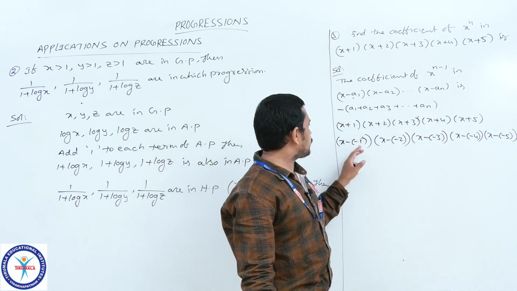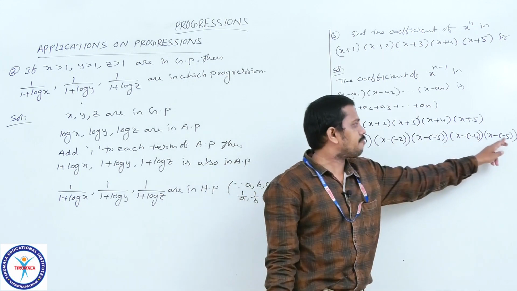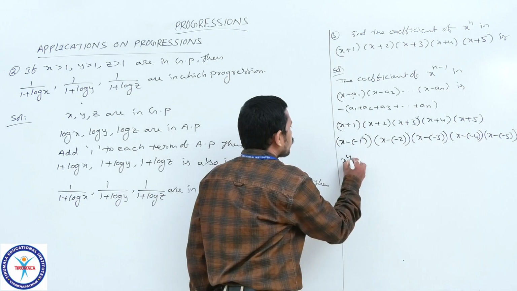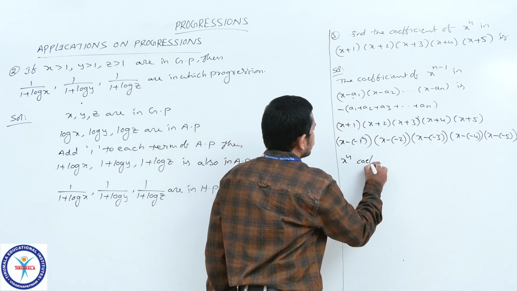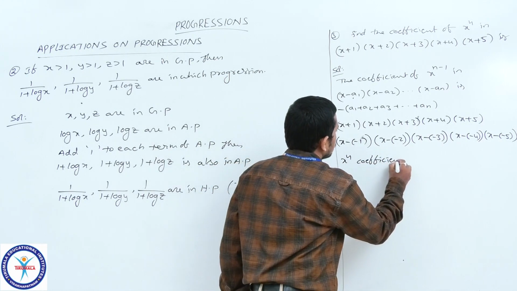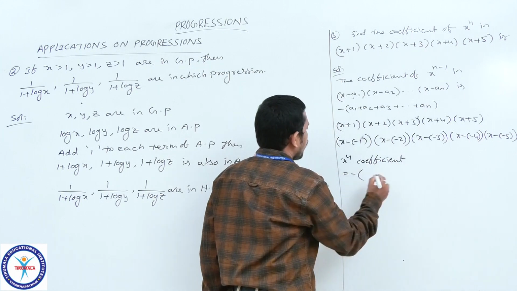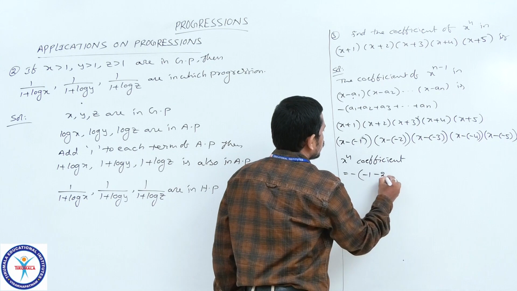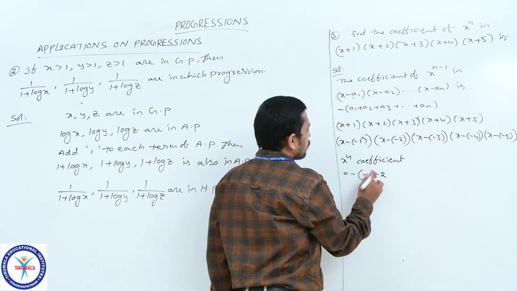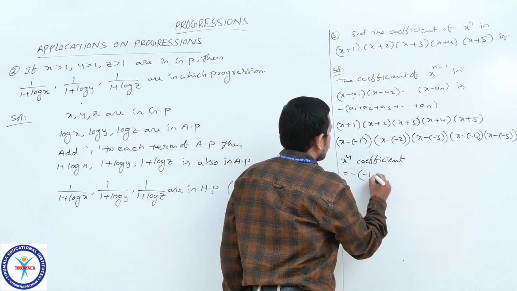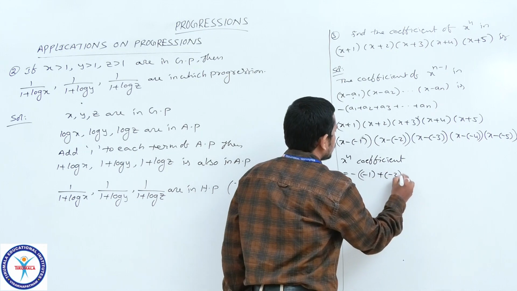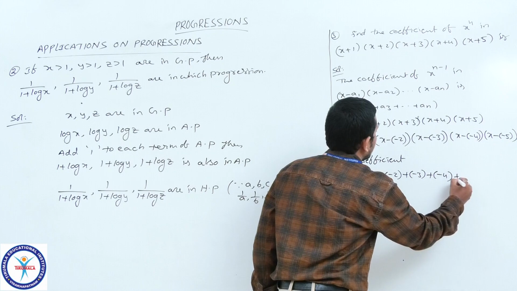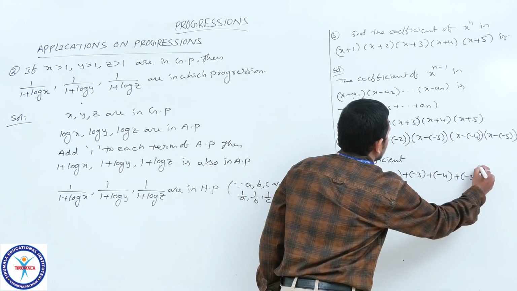Here how many terms are there? 1, 2, 3, 4, 5. 5 terms are there. Therefore, the x power 4 coefficient is equal to minus of the sum of all constants: minus 1 plus minus 2 plus minus 3 plus minus 4 plus minus 5.